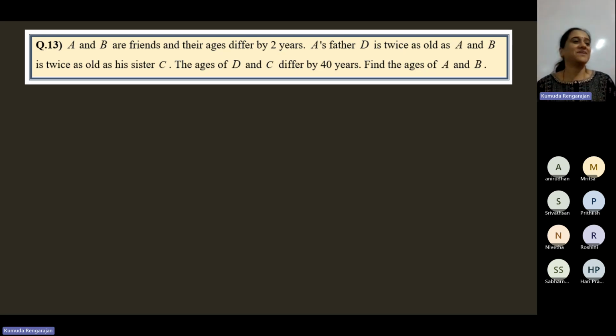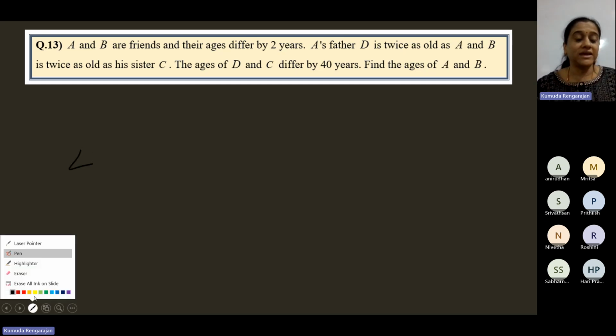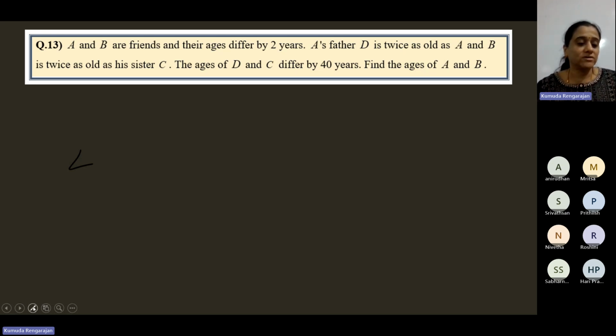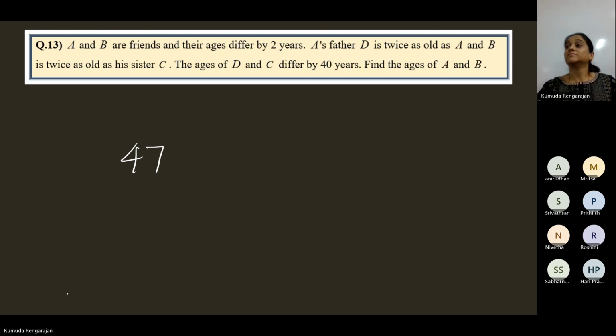So I am 47, and my friend's age and my age differ by 2 years. What's the age of my friend?